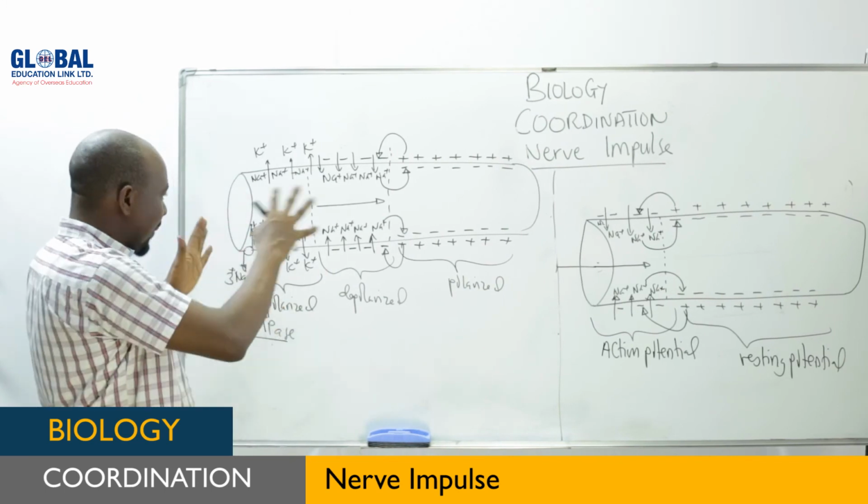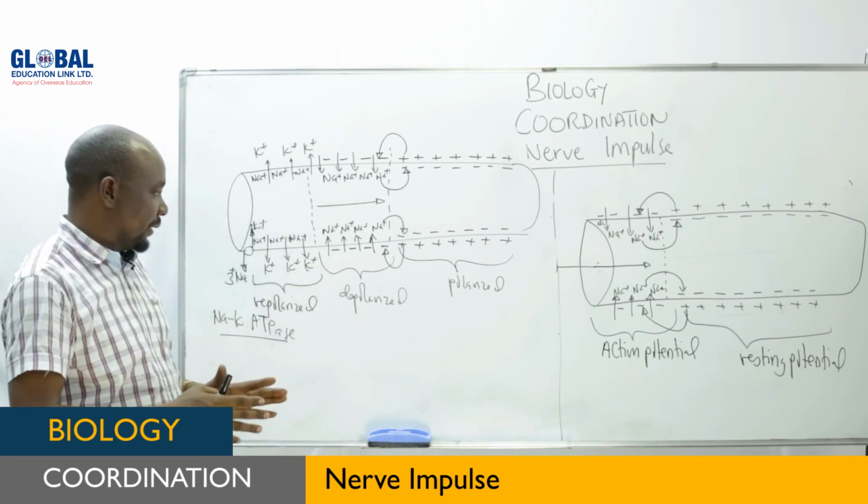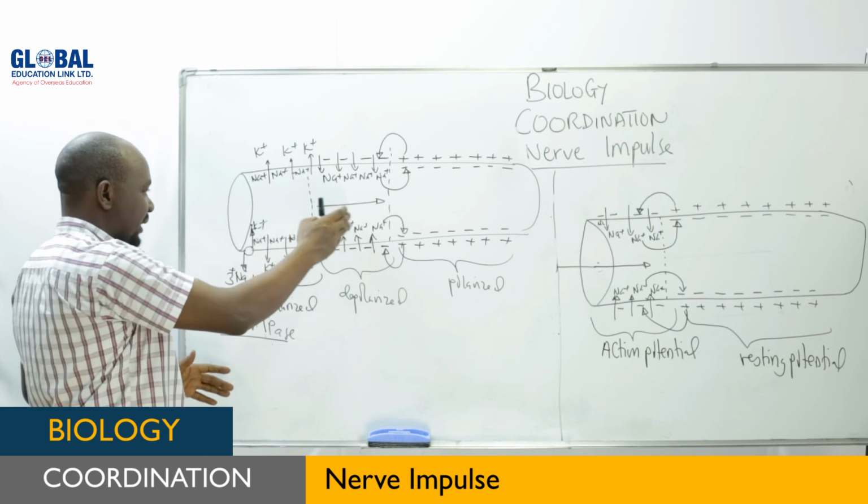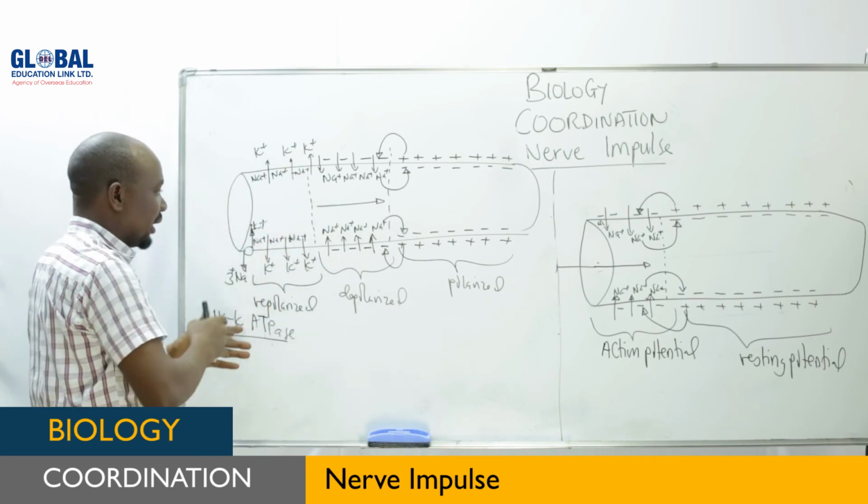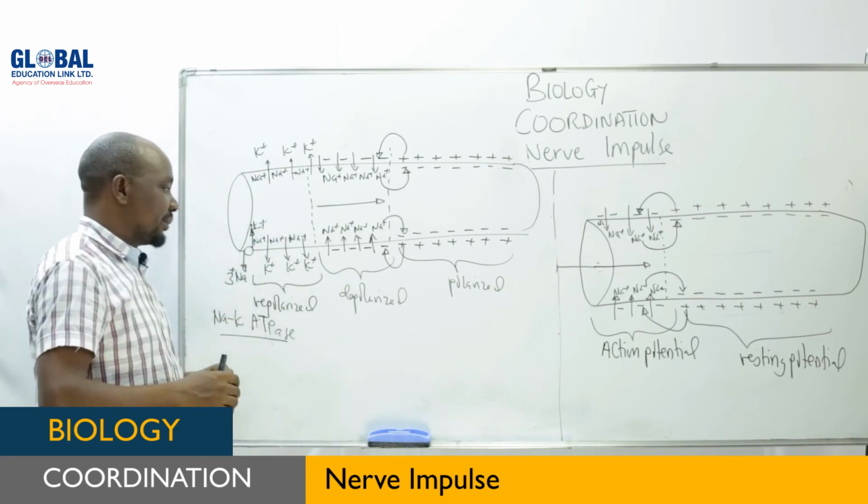So it is all about the charge distribution. After the passage, the potassium will leave the axon, creating a repolarized membrane.